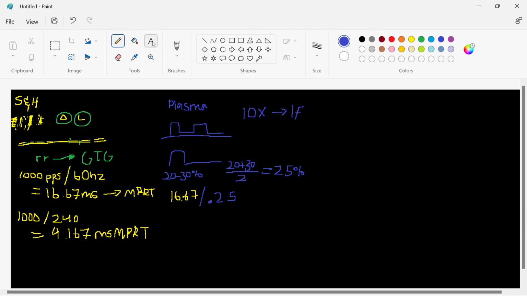Whoops, I also read this wrong. Oh well, whatever. We're going to multiply them. This is a better way to show that.